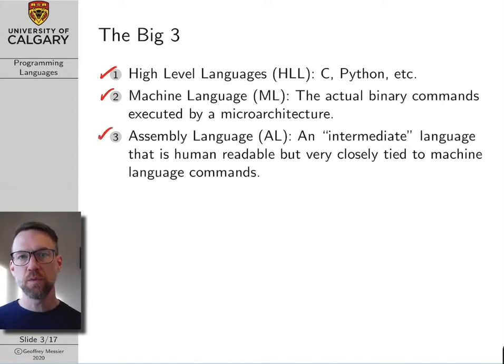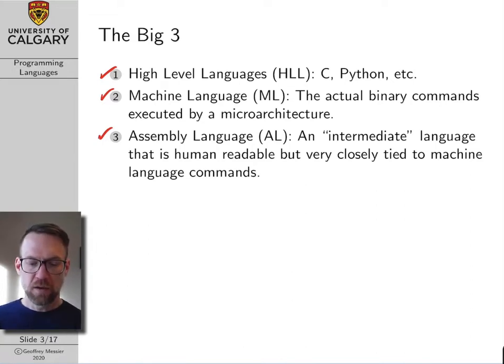High-level languages are things like C and Python, the kinds of languages that you're probably already familiar with using from a programming perspective. Machine language, on the other hand, are the actual binary commands that we feed directly into the processor's digital logic structure. These are the ones and zeros, the digital voltage levels that literally get fed into the circuitry that makes up our processor.